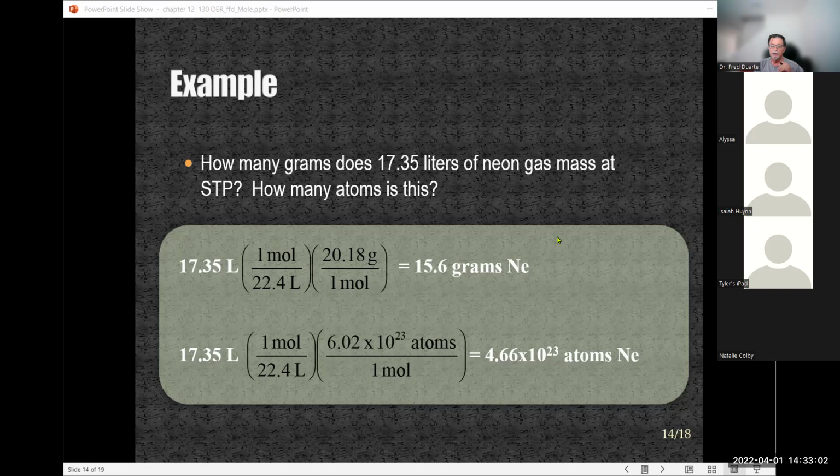So you plug it in, calculator, and you should come up with an answer of 4.66 times 10 to the 23rd, okay? To the 23rd. Atoms of neon gas has a volume of 17.35, okay?